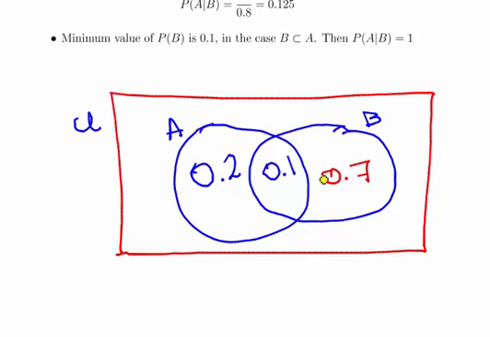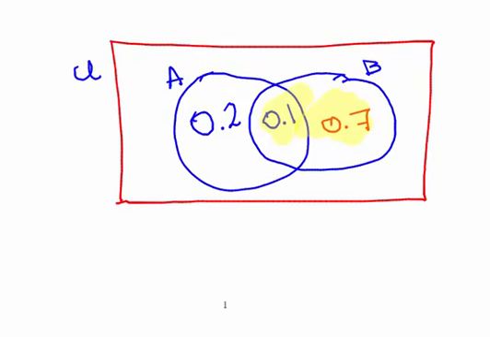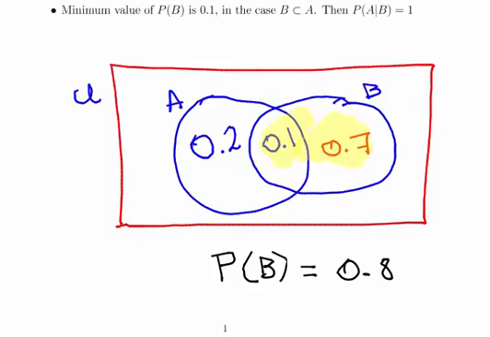So in this case, the probability of B is the 0.1 here and this 0.7 here, which is 0.8. This is the scenario that maximizes B, and that probability is 0.8.